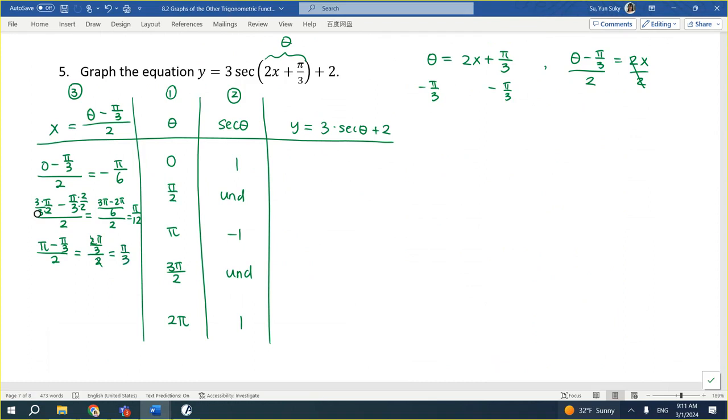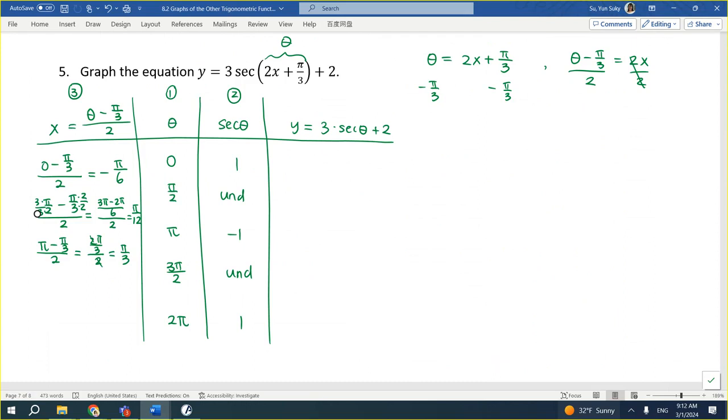Okay? So remember, you can use a calculator to check your work. How? You don't type the pi in it. So you put 1 minus 1/3, over 2. Hopefully your calculator will give you 1/3.